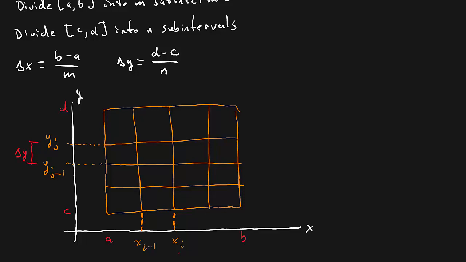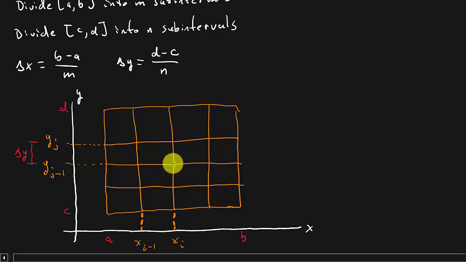In order to get the volume of the box, let me label a few more. We can use upper right corners. See this little square here? We're using the upper right corner, and I'll explain that more in a minute.